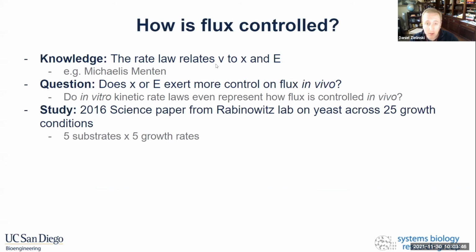We think that we can create rate laws, like Michaelis-Menten or mass action, that relate X and E. But a question is, how is V actually controlled in vivo? Does X or E exhibit more control? How does a cell actually change its flux from one state to another?